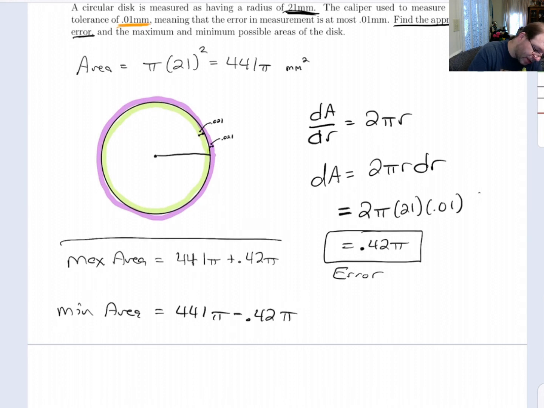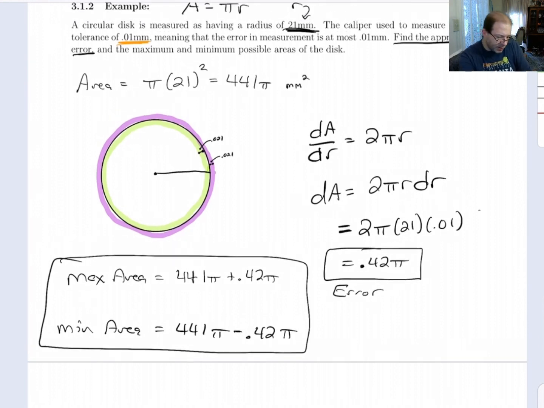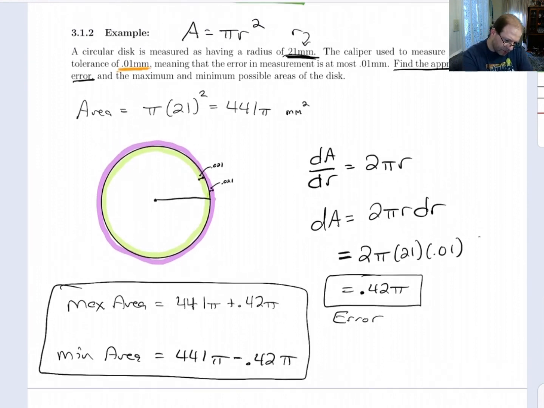And these are approximations. And I could easily stick it in my calculator and get a decimal approximation. But anyway, that's what this does. It lets us say, given a potential inaccuracy of 0.01 millimeters in the radius, we can say that the area of this thing is in between these two numbers here.